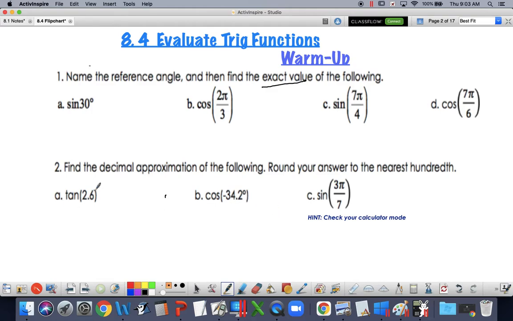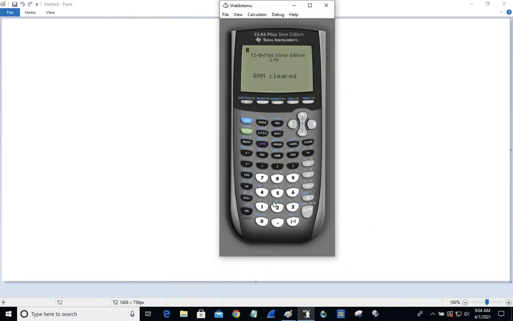So our first one, and this should be labeled, I should have a degree symbol there. Without a degree symbol there, it's hard to know if I'm in radians or degrees. So let's say we're trying to find the tangent of 2.6 degrees. I'm going to pull up my calculator, and first and foremost, since the question is in degrees, I want to make sure my calculator is in degree mode.